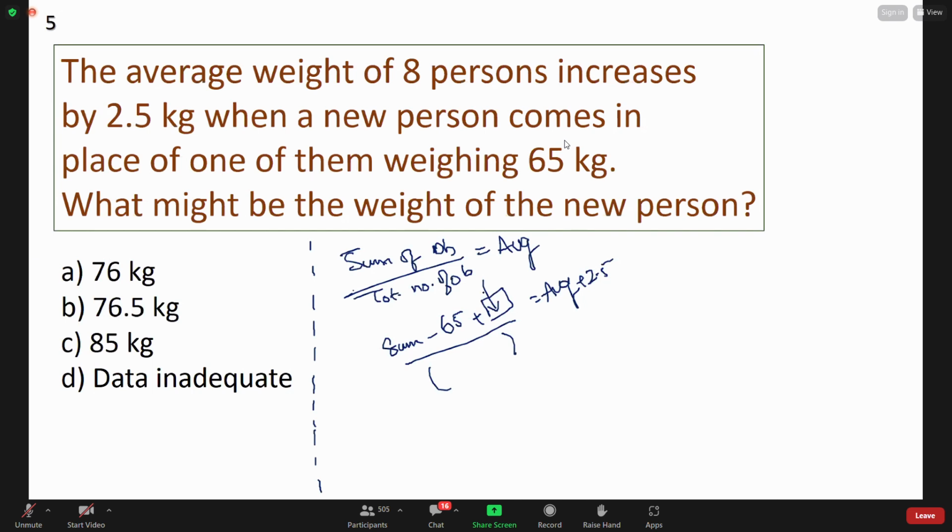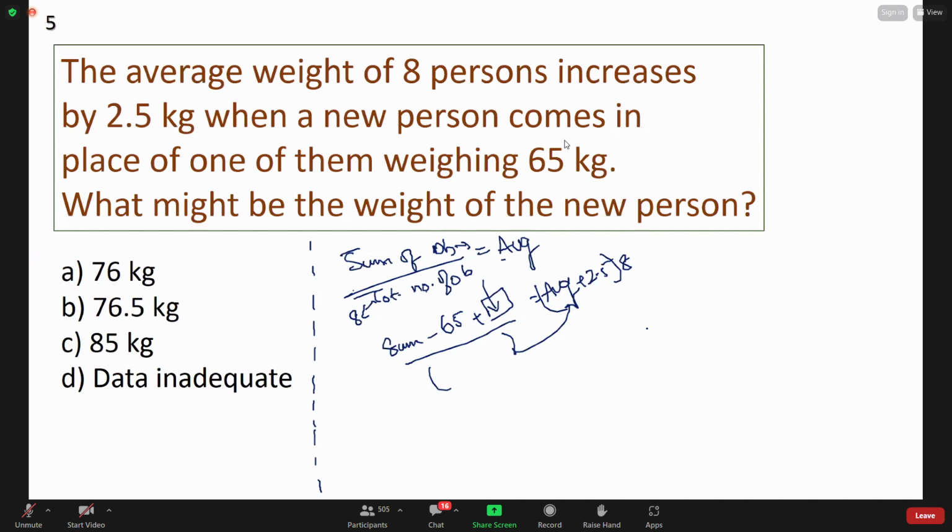So, the total number of observations is given as 8. How can you find out the sum of the observations? This one into 8. I think you should be able to do this one. Answers are already coming in: the weight is 85. Really good.